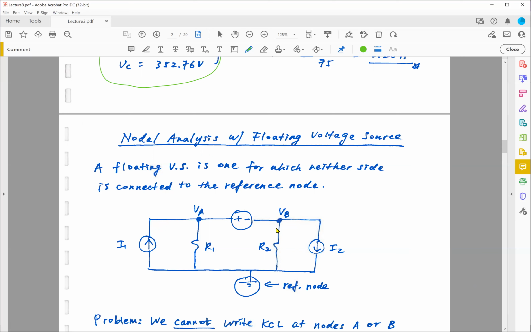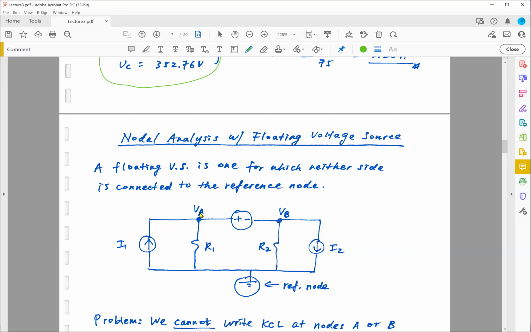Why is it that the regular nodal analysis doesn't work in this case? So in the setup below, I have two current sources, I1 and I2, and I have two resistors. And it's very natural for us to set our ground reference over here because this is a common node that is shared by all these four branches.